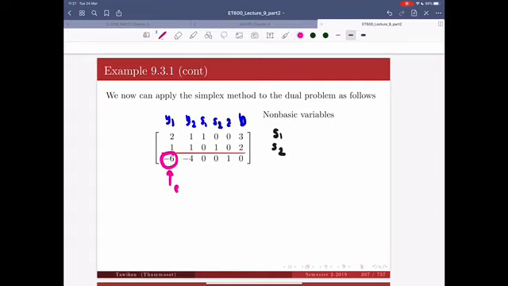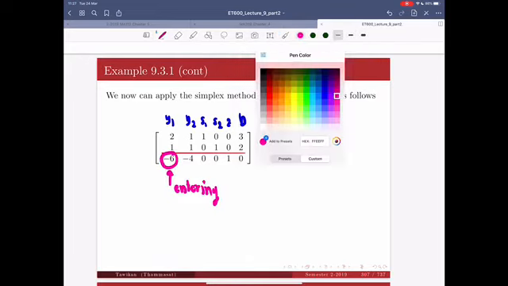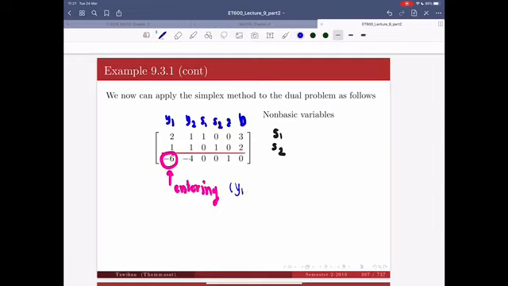So this is entering. And after you know that y1 is the entering variable, I'll put a little note saying that y1 is the entering variable.